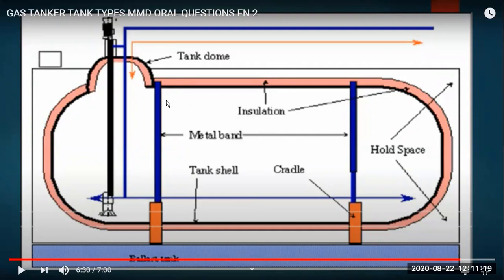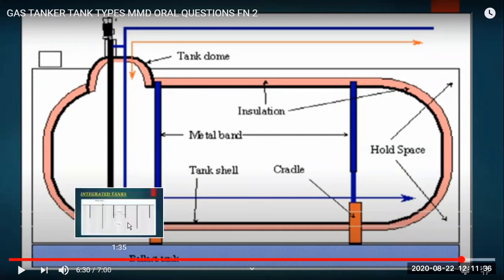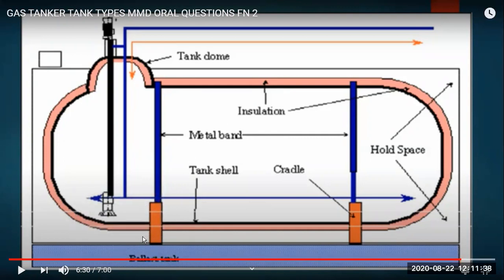So this is the pressurized type C tank, an independent tank. You can see it's independent, it's not connected to the hull. It's a cylindrical tank. You have a primary barrier and the secondary barrier. Outside is the hold space, and this is the cradle which is going from here to here, like you have in the life raft, from port to starboard.